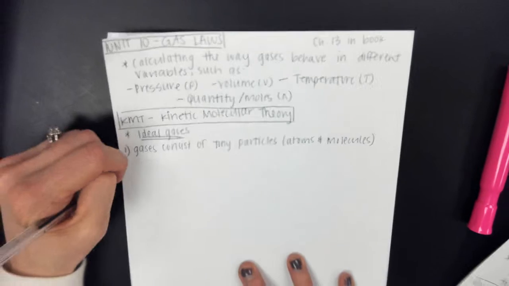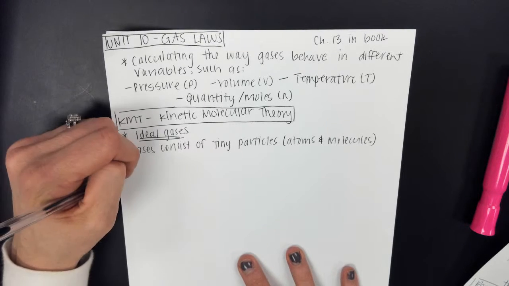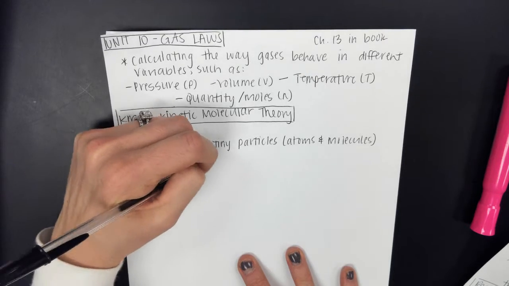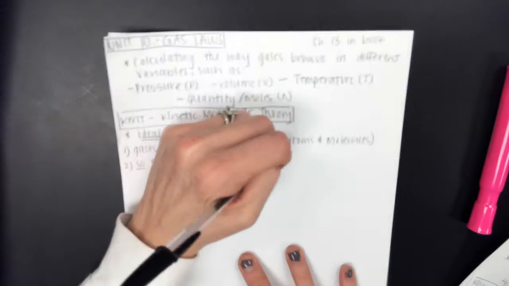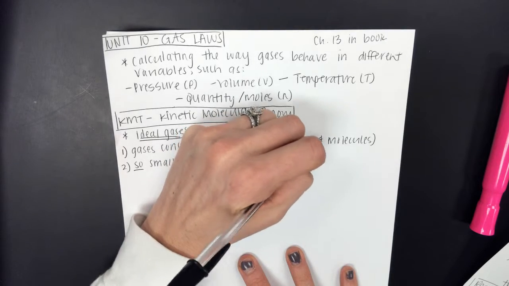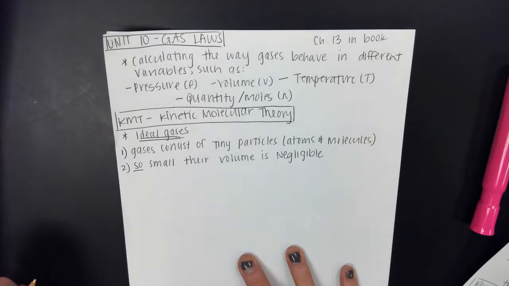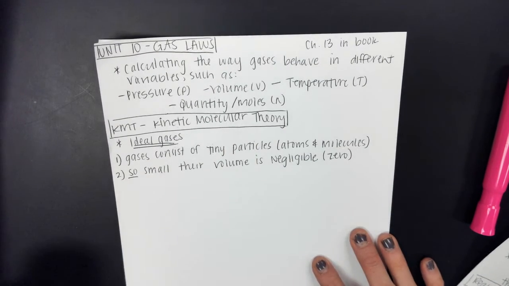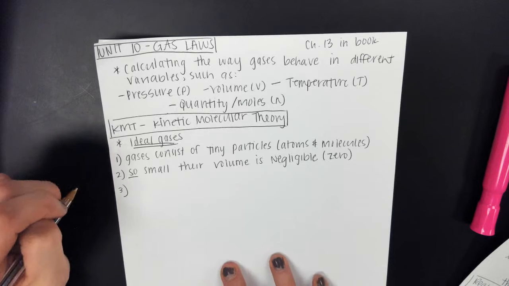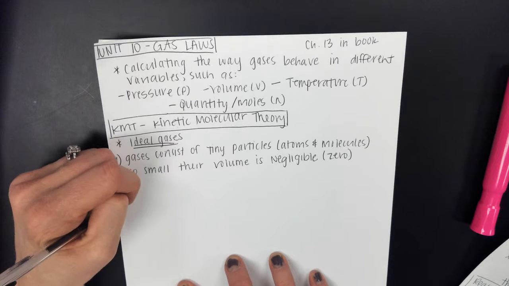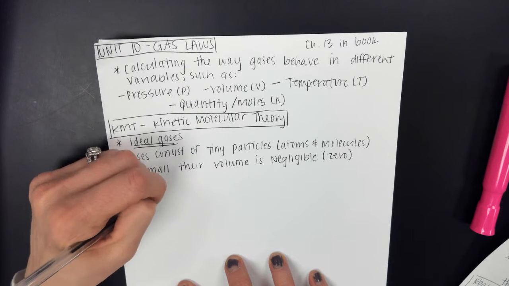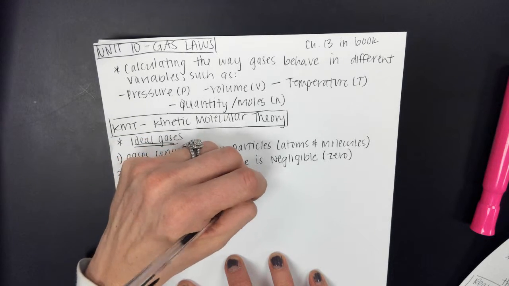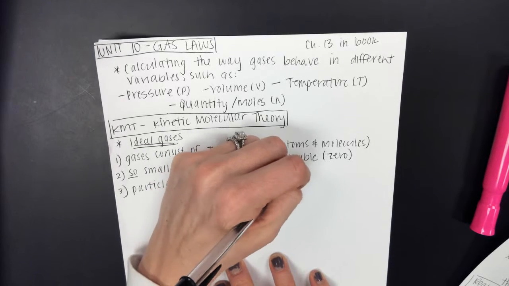We assume that these particles are so small their volume is negligible, and this word means pretty much zero or nothing. We assume that these particles are in constant and random motion.